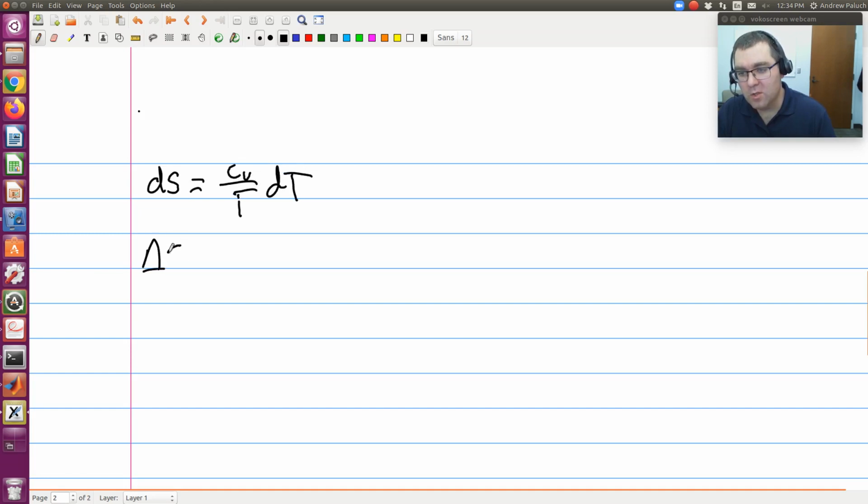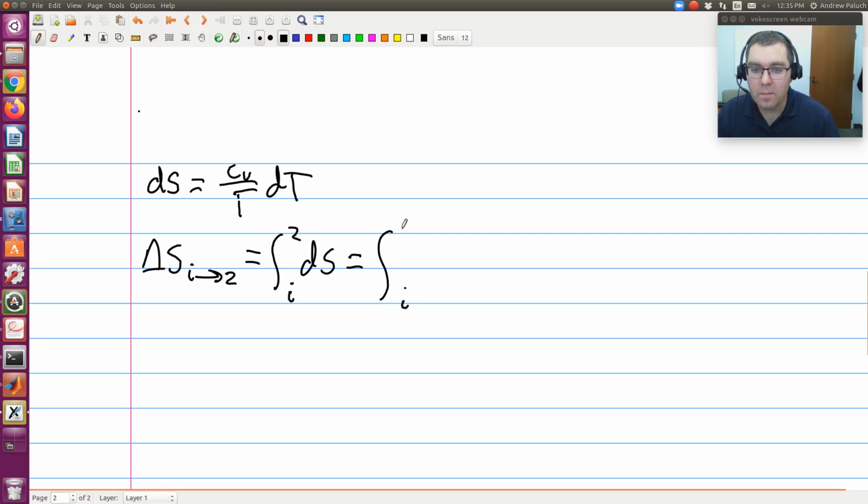My change in S, going from my intermediate state I to my final state 2, is the integral from I to 2 of ds, which is equal to the integral of Cv over T dT.